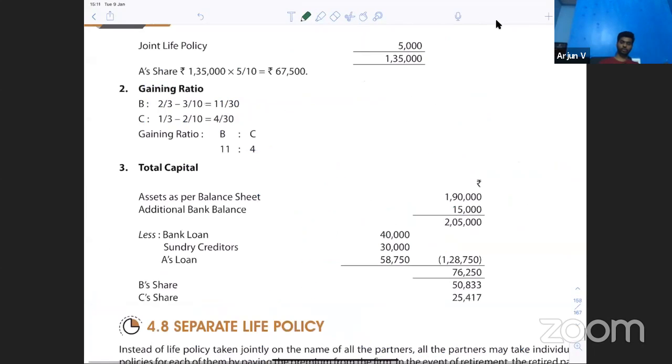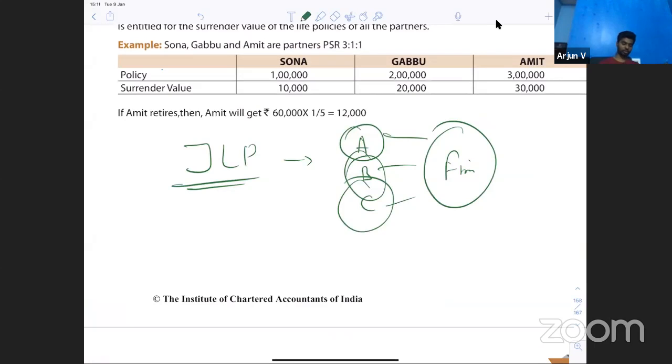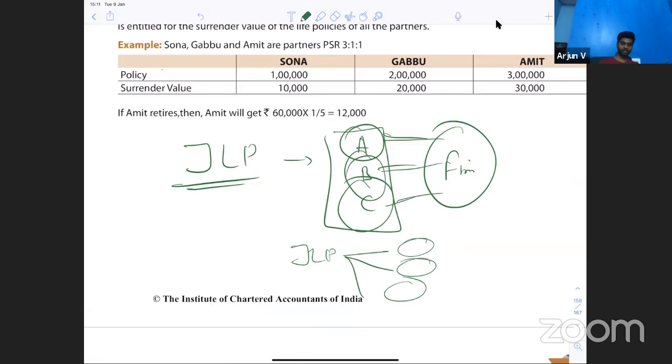See, now the last one is the concept which I was talking about. See, in the firm, generally in JLP, what will happen? All the three partners will be covered under one policy. But if each partner gets covered under a separate policy, then each of them gets their surrender values.